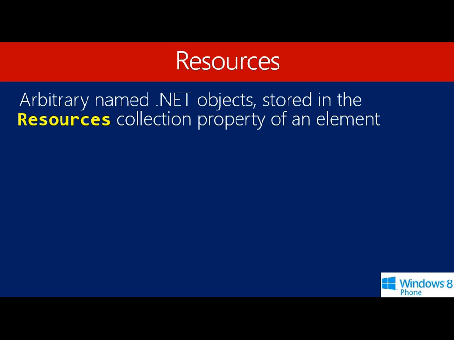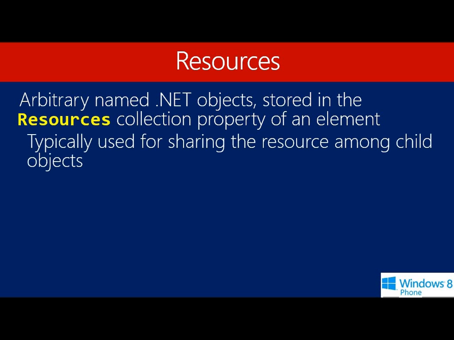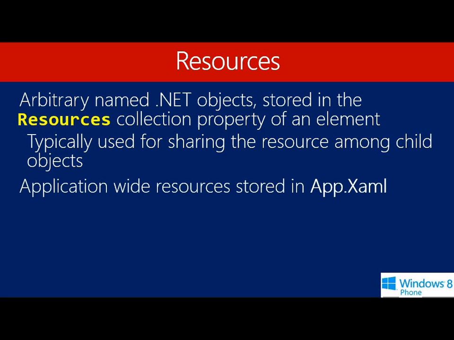And then these objects can be accessed in any other object that is part of that visual tree, and this is used mostly for sharing. We can share various objects such as brushes, geometries, and other objects, and this will be very useful in several ways. I'm going to show you that in a moment.